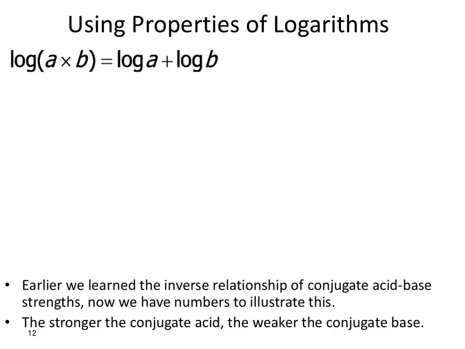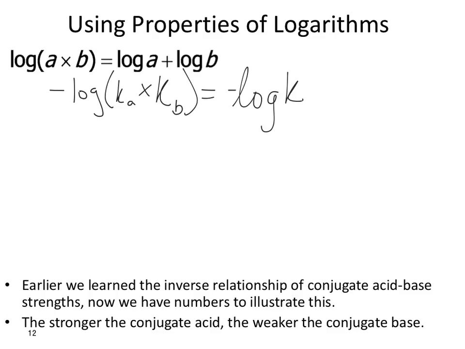All right, we can look at this in terms of doing logs of it. Remember, if you multiply logs, that's like adding logs. So if we want to find what the pKw is, that's going to be the negative log of Ka times Kb, because we already said that's what it is going to equal, the negative log of Kw, which should equal the negative log of 10 to the negative 14.